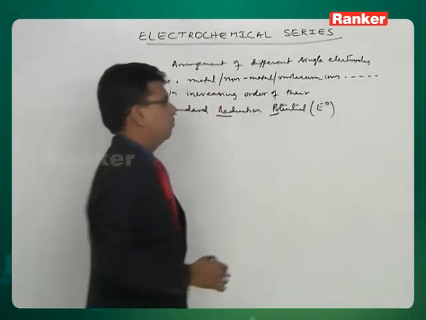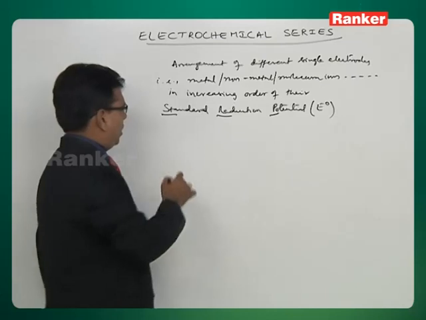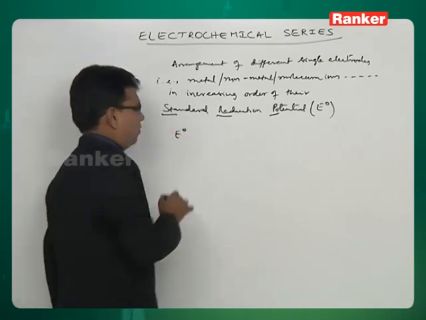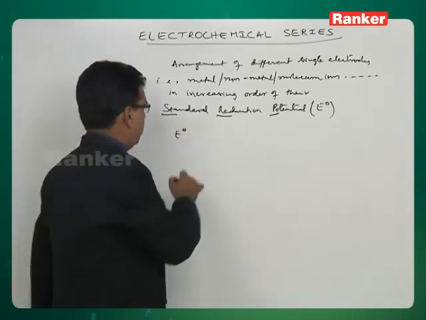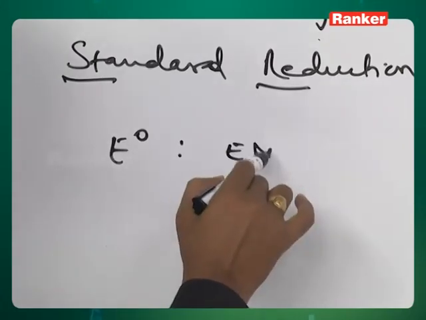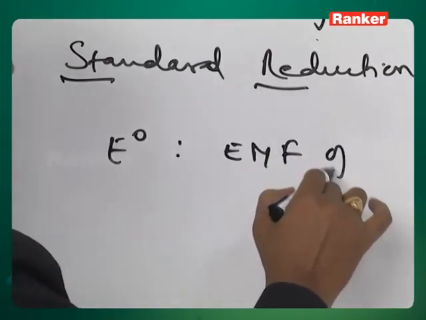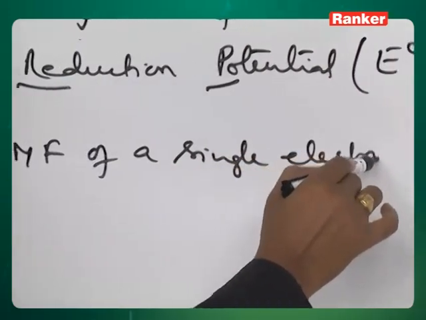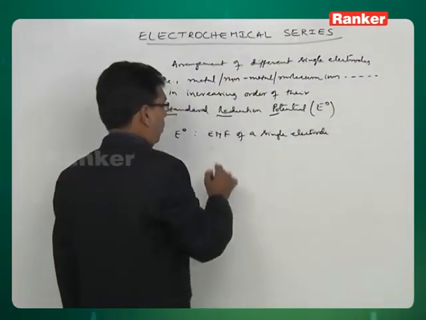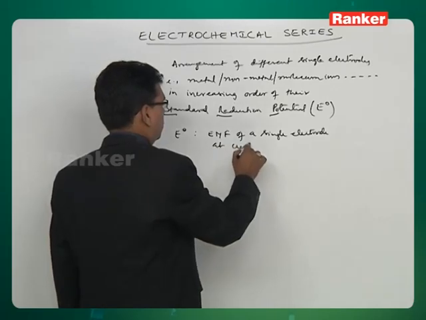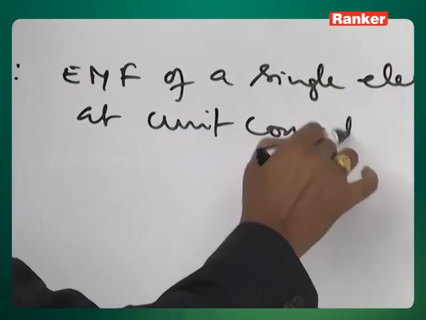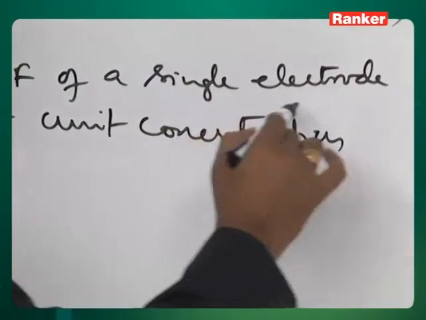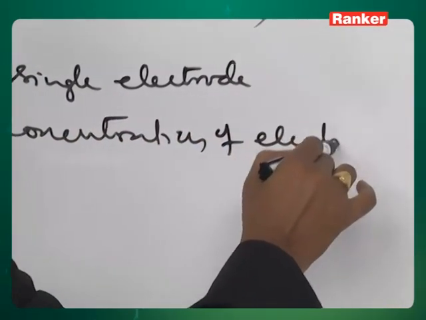that is E naught. As in every case, what is the significance of E naught value? E naught is nothing but the EMF of a single electrode at unit concentration of electrolyte.